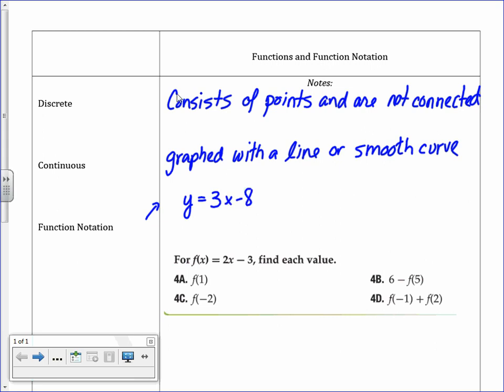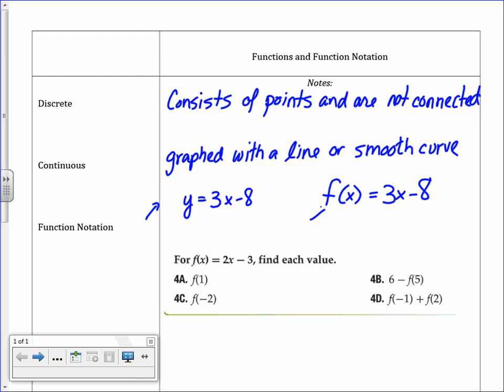That's what you're used to up to this point, seeing that, picking out the x values so you can determine the y values. But what we're going to do is switch out that y, and we're going to notate it as this: f parentheses x equals 3x minus 8.